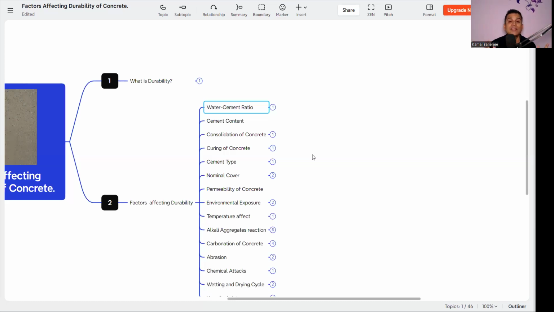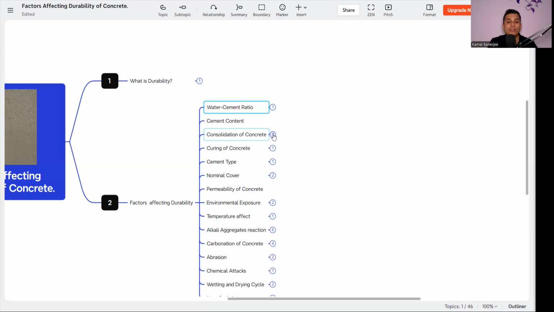That will crack the concrete, and if the concrete is cracked, from that crack all these chemical ions, sulfate, chloride, and carbon dioxide and moisture will enter, and again it will corrode the steel, and the durability or the strength of the concrete will be reduced. So it is very much important to find out the optimal cement content to reduce the heat of hydration and the cracks and everything.